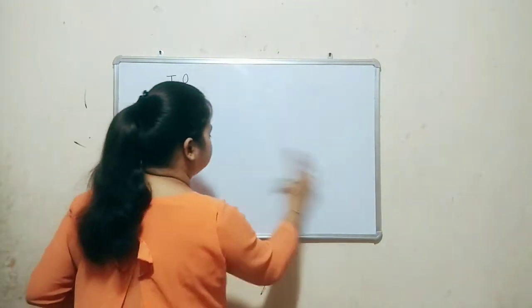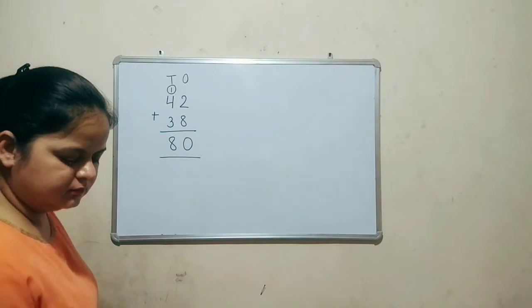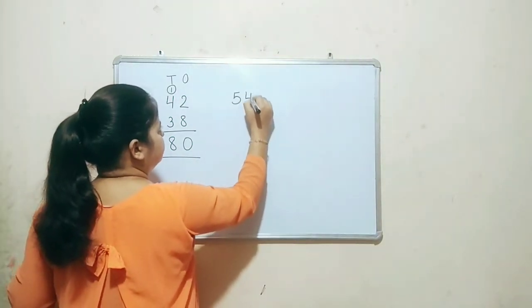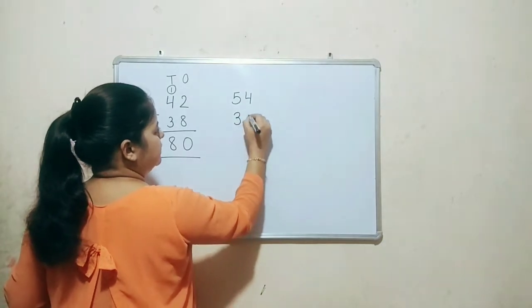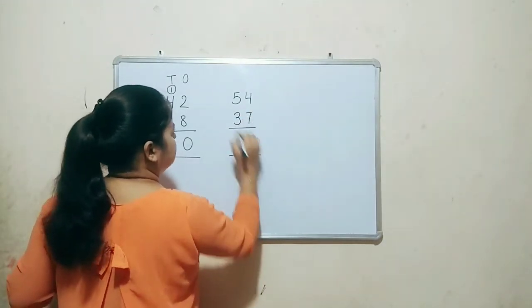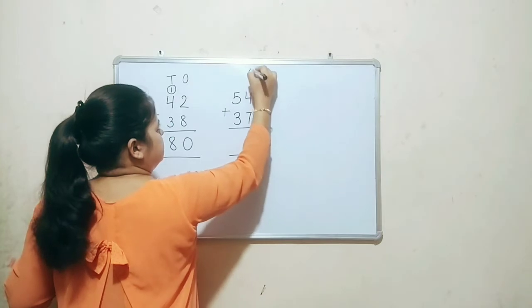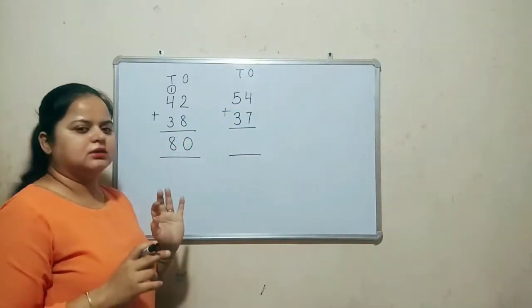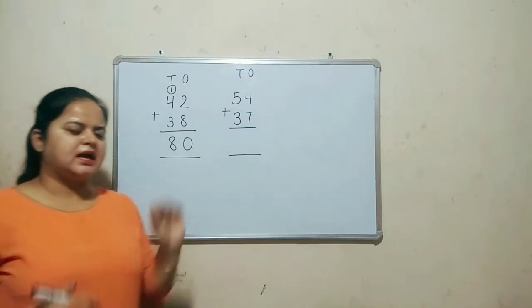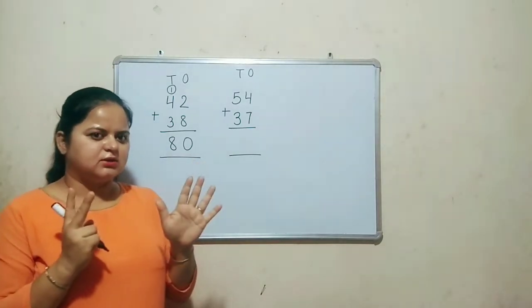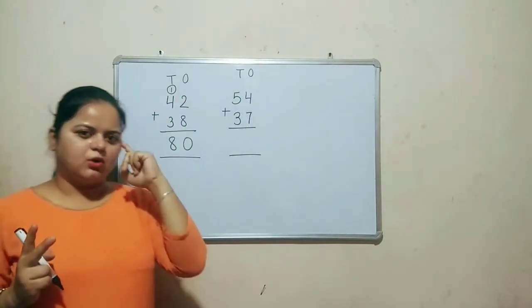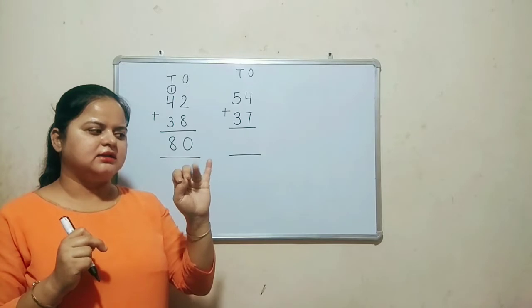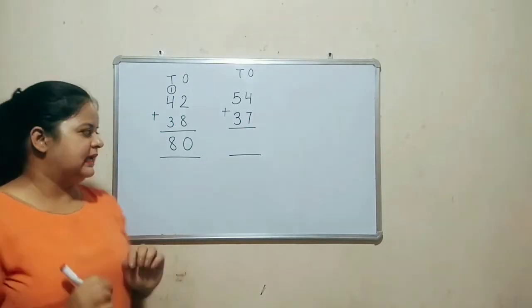Okay, look here, one more example of this kind of sum. 5, 4, 3, 7. Ones, tens. Now 7 plus 4. Keep 4 in mind and 7 on fingers. Okay, so 4, 5, 6, 7, 8, 9, 10, 11. 11.